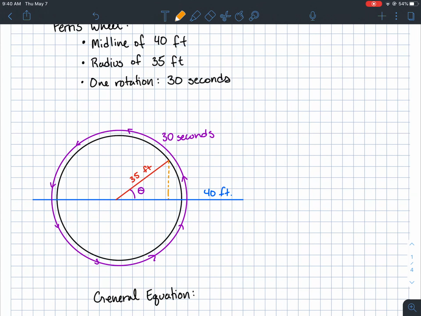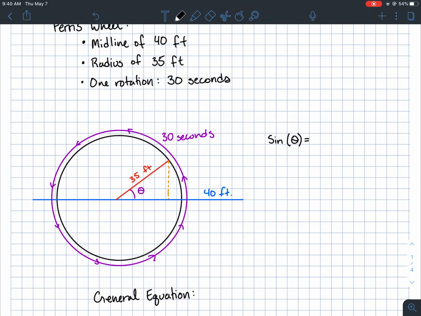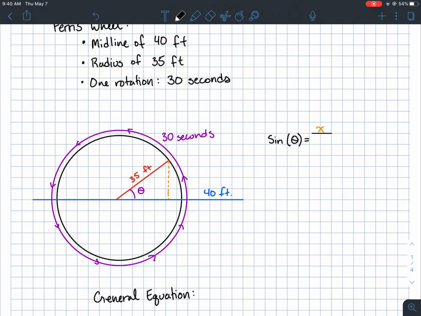We would just have to use our sine equation. So essentially we're trying to find the sine of some angle is equal to its height, which we are saying is that orange, over the hypotenuse, which is going to be our radius.